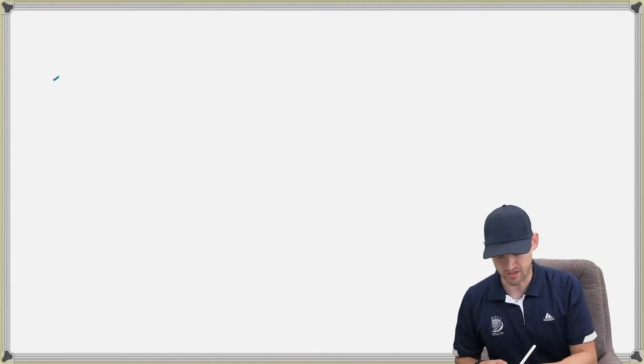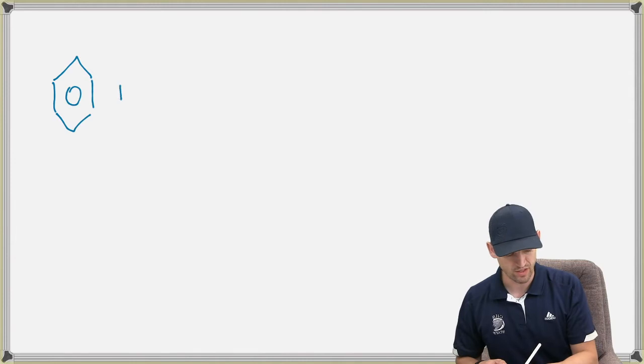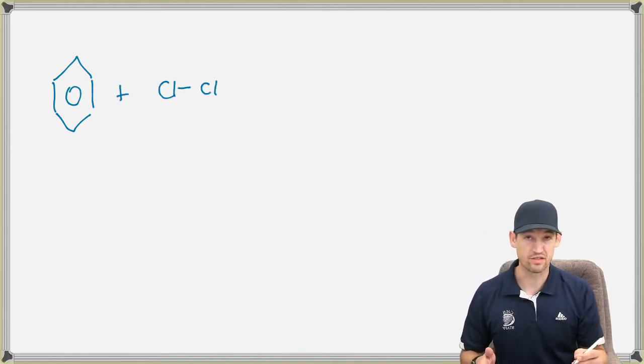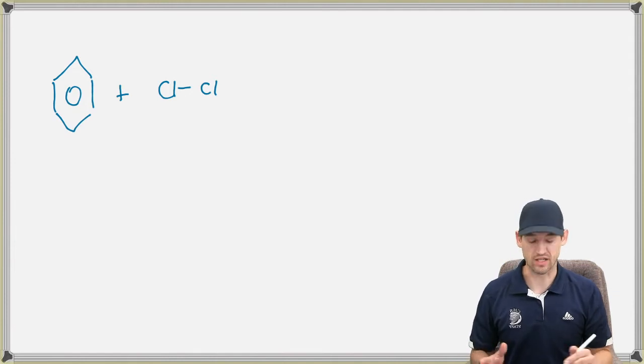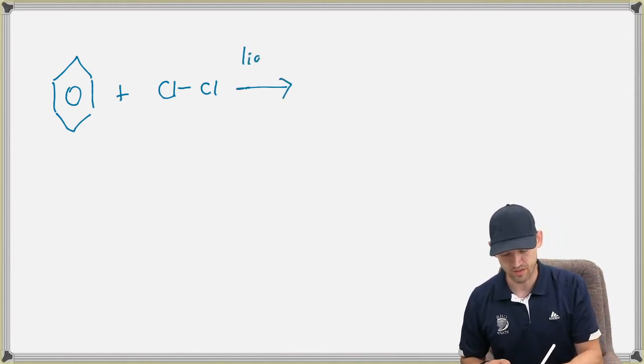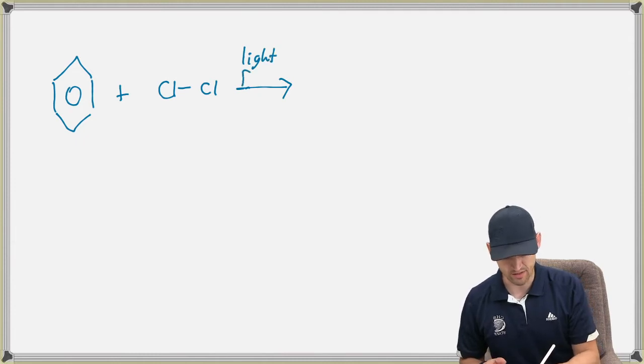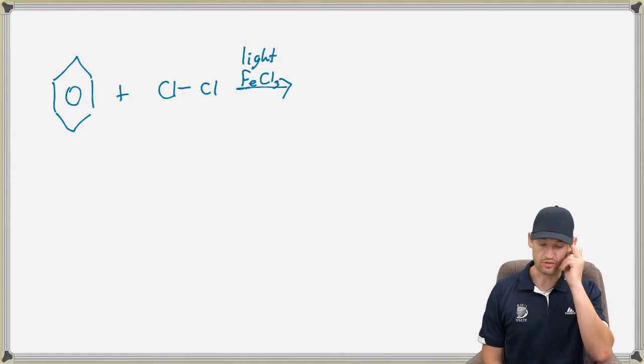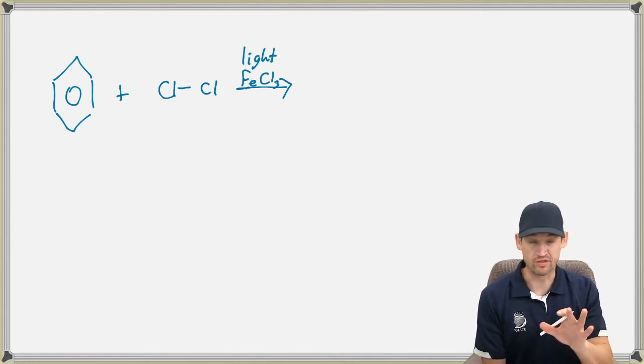If it's benzene, though, it's a little bit different. Instead of having light or UV energy, it needs a catalyst. You don't have to worry about what specific catalyst it might be, but in this case, let's put light and iron 3 chloride, so FeCl3. So again, you'll never need to know that.